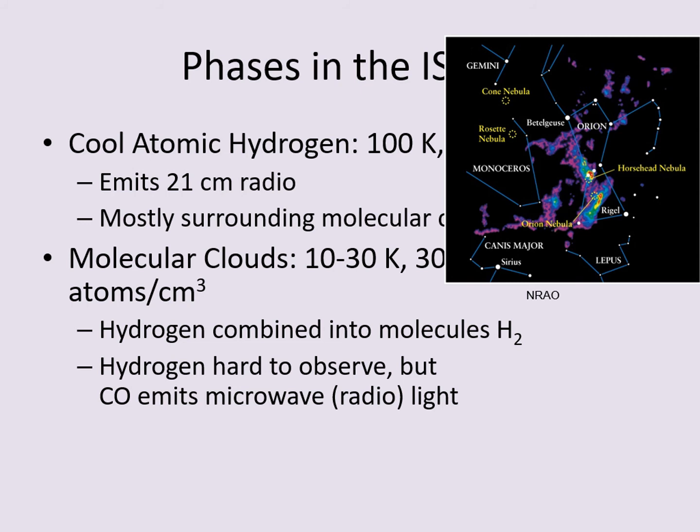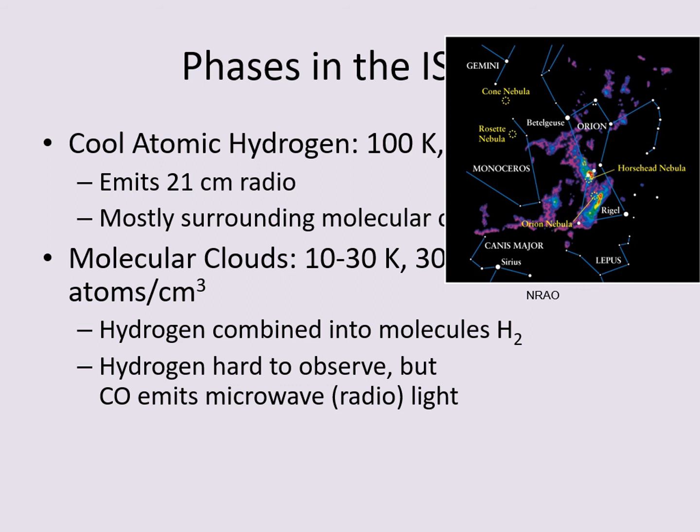So we can map molecular clouds by mapping the locations of these microwaves. In fact, it's this microwave emission that cools molecular clouds so effectively. This image shows a carbon monoxide map of the constellation Orion, with the colors representing different densities of molecular clouds.